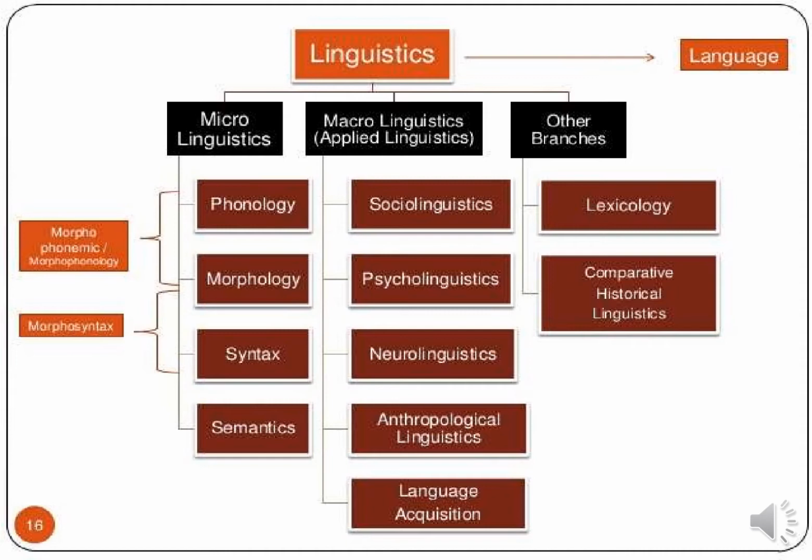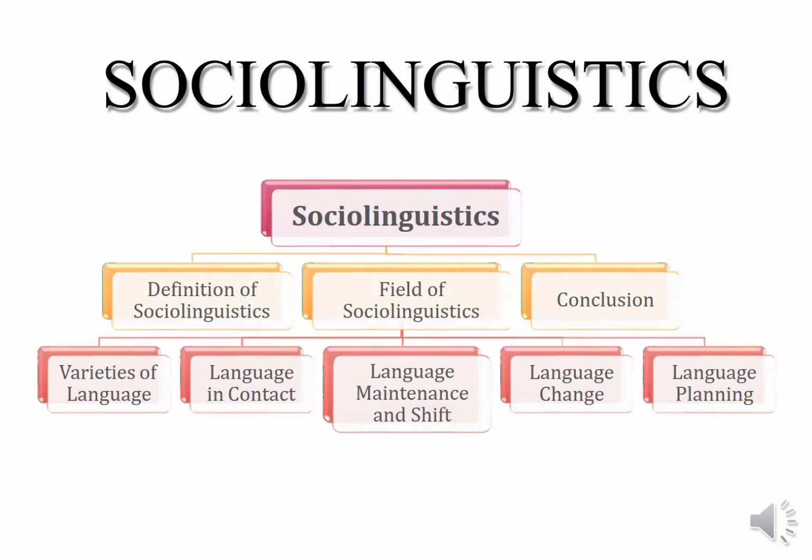Linguistics, as I informed you earlier, is the scientific study of language, and applied linguistics is the implementation of that scientific study with respect to society and any other aspects of our human society. Let's move towards our topic, that is sociolinguistics.